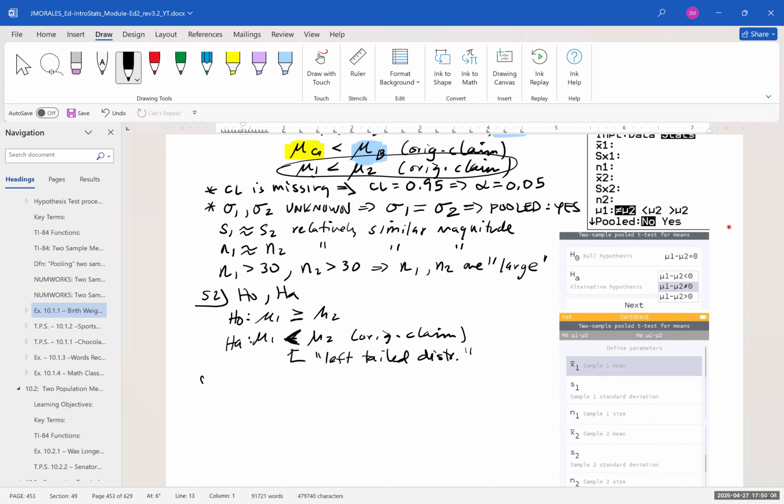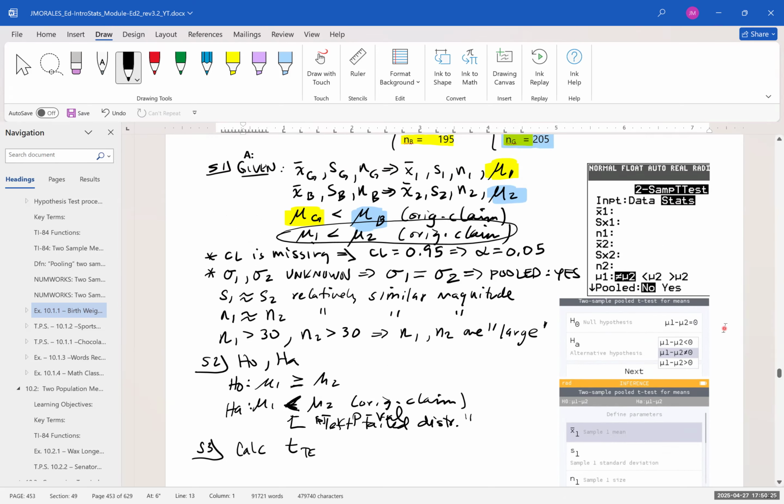All right, step 3 is now we want to calculate our t-test statistic as well as the relevant p-value. So this is where we're going to use these two calculator functions.